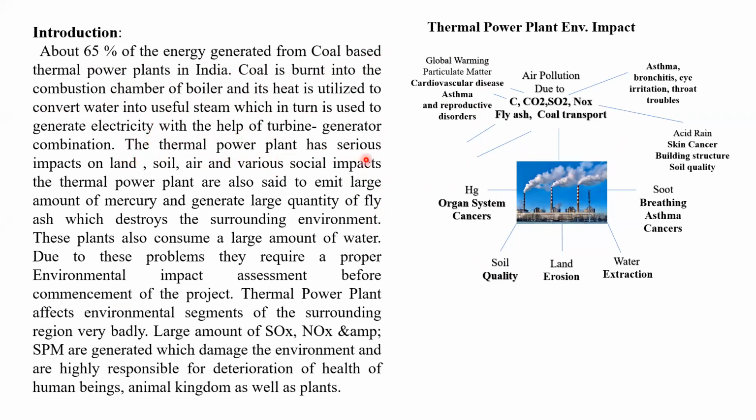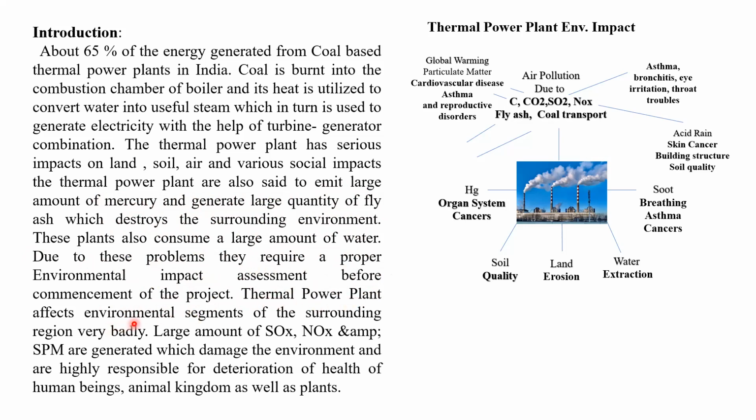The thermal power plant has serious impacts on land, soil, air, and various social impacts. Thermal power plants are also said to emit a large amount of mercury and generate a large quantity of fly ash, which destroys the surrounding environment. These plants also consume a large amount of water. Due to these problems, they require a proper environmental impact assessment before commencement of the project.